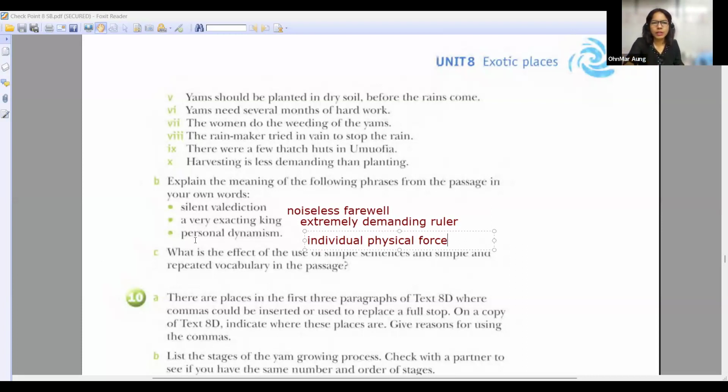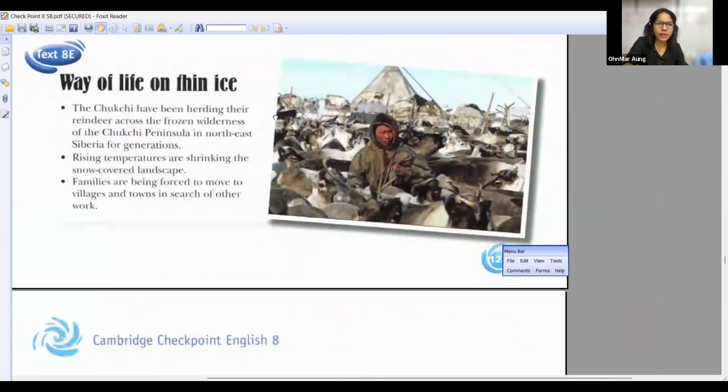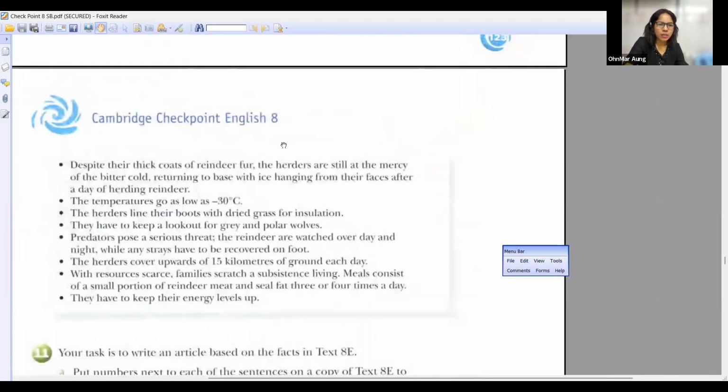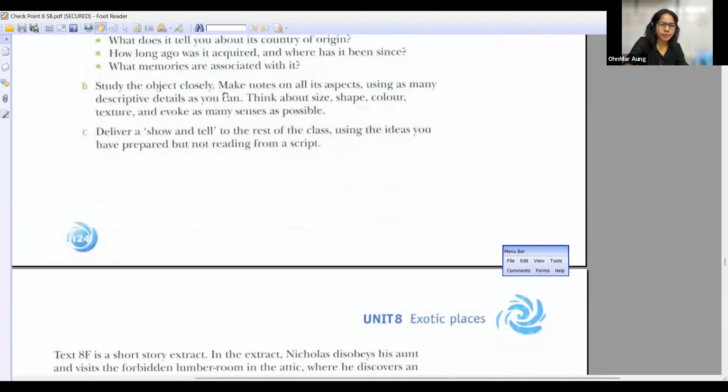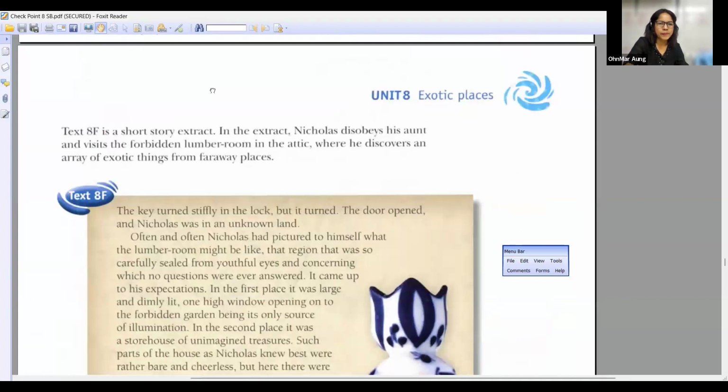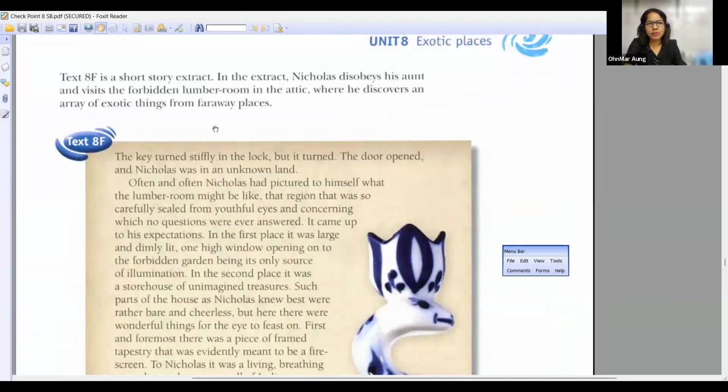So we are going to do 8F. 8F is important. This one is important. 8F. Could you please read the background information?